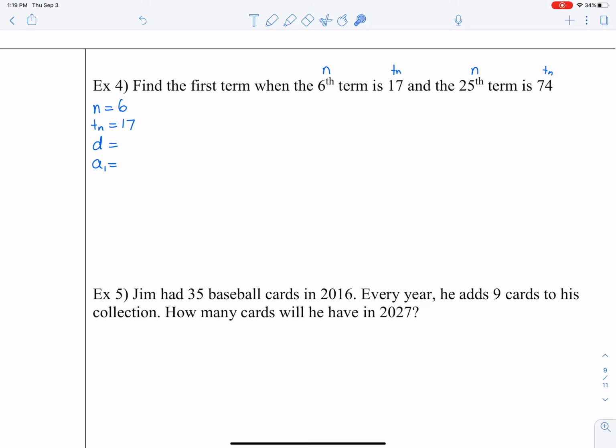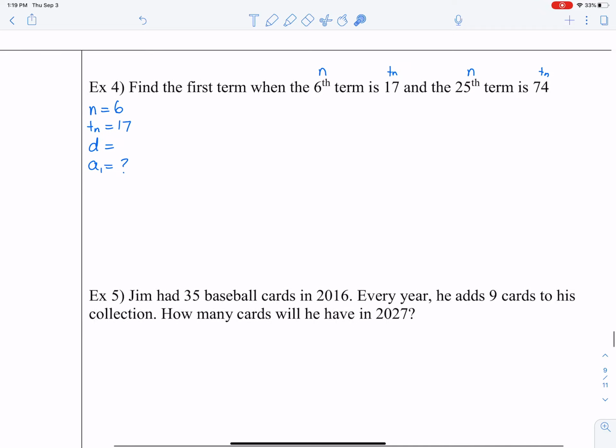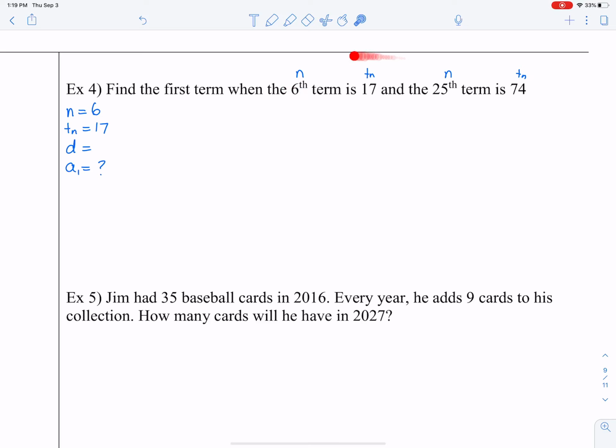We want to find the first term, so that's what we're looking for, but we need a d. So actually, we can find d because we're given two different n's and two different tn's. D means the difference, so we can calculate the difference between these values.